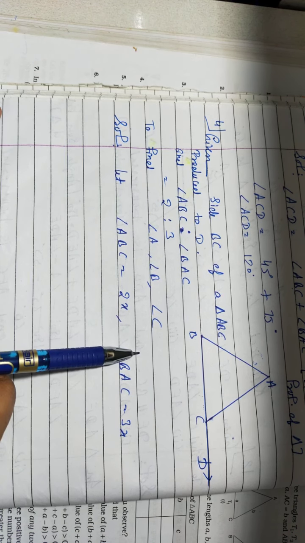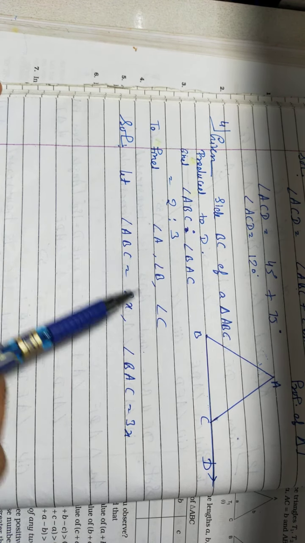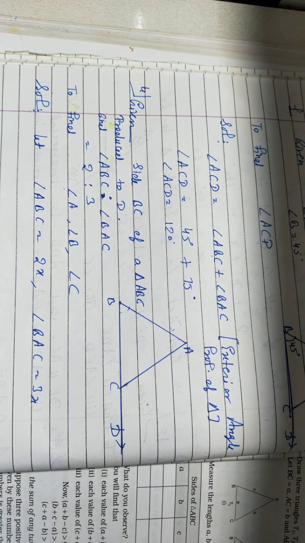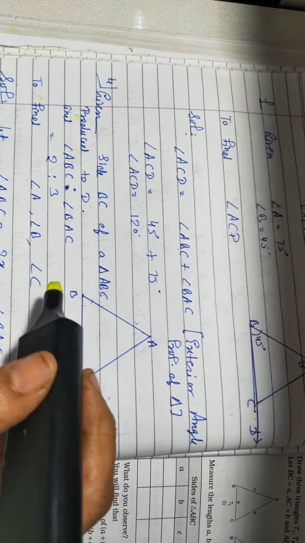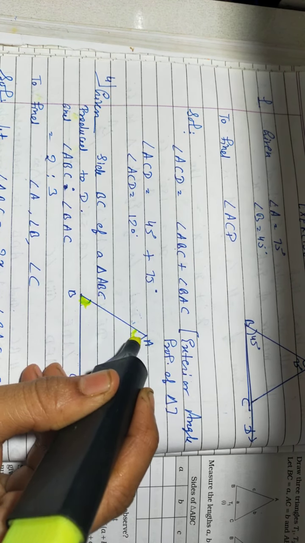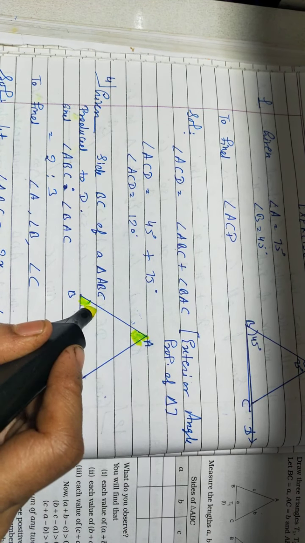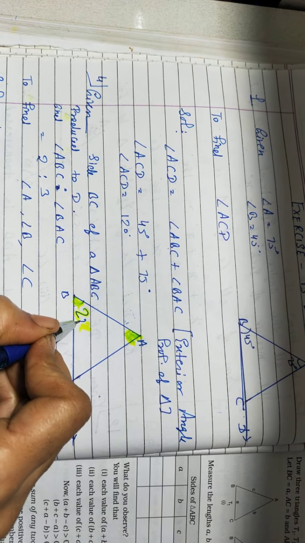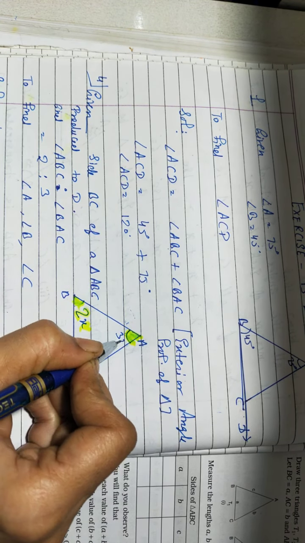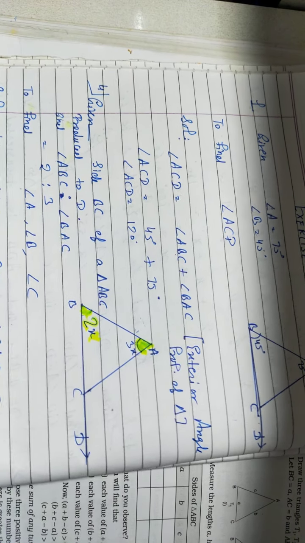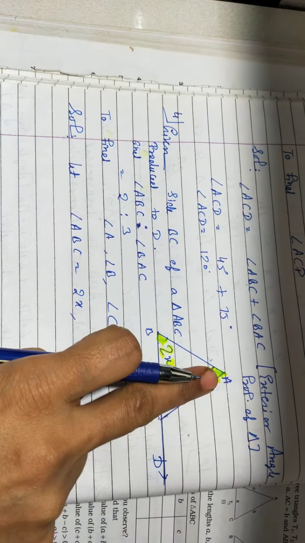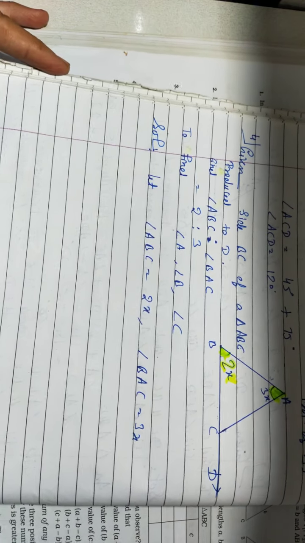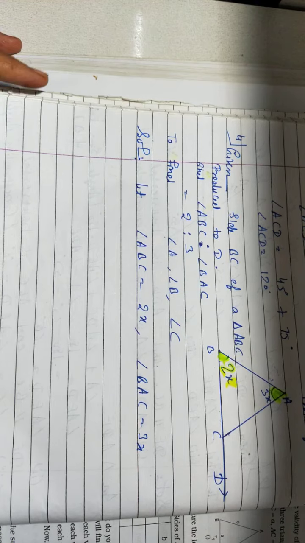To find angles A, B and C, let angle ABC, this one, be 2x and angle BAC be 3x. Any two you can consider, either this one as 2x or this one as 3x, it doesn't matter, because they are in the ratio of these two interior angles.